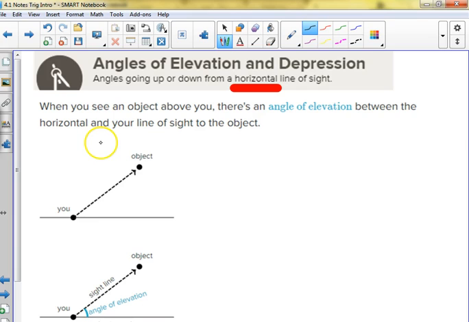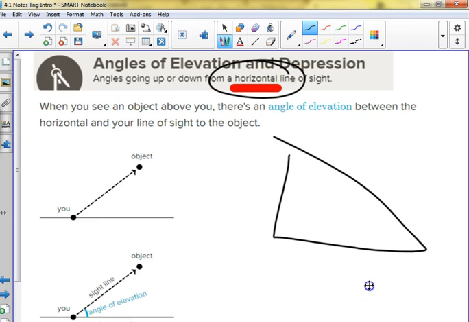Huge issue on the quiz. Concept here. If you can't tell me where an angle of elevation or angle of depression goes, they are always made with a horizontal line. So when you do this, can this be an angle of elevation or an angle of depression? This is a somewhat vertical line, yes?